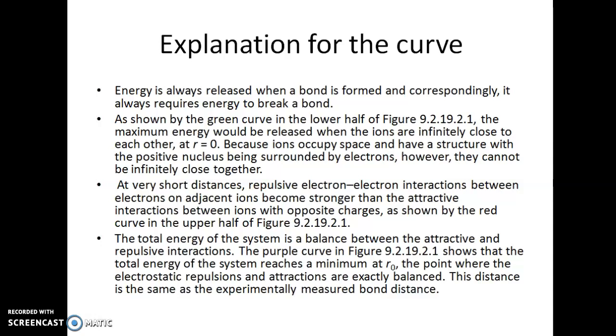The green curve in the lower half shows that maximum energy would be released when ions are infinitely close to each other, at r equal to 0, because ions occupy space and have a structure with a positive nucleus surrounded by electrons. However, they cannot be infinitely close to each other.